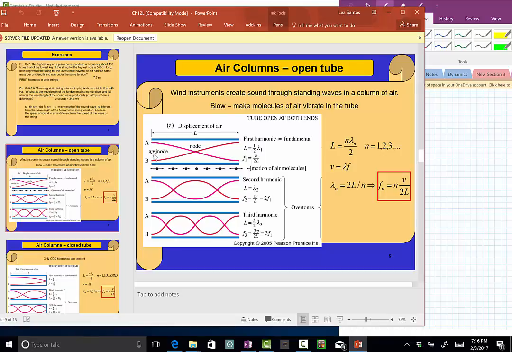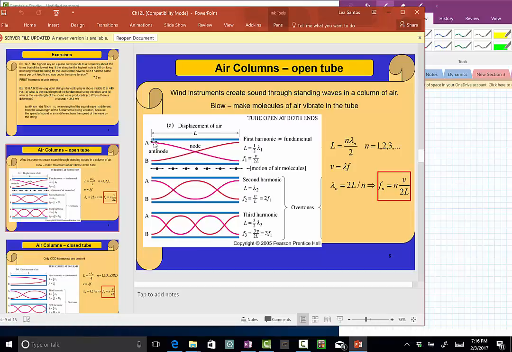So let's come to this case here, which is the fundamental. I have antinodes at the edges and one node in between. So this is the lowest frequency. And what do we get there? Well, this is the whole length of the flute, and what I can see from this graphical representation is again half of a wavelength.